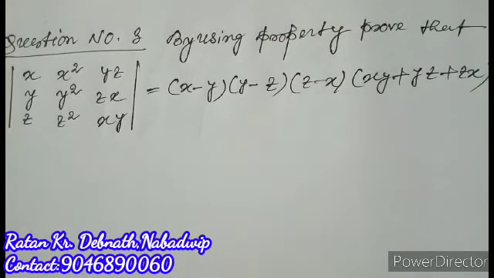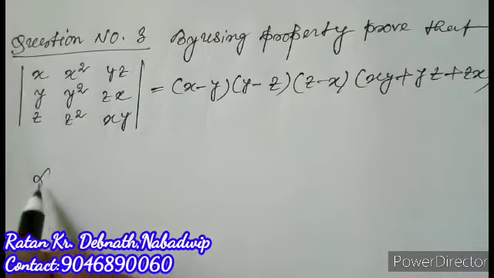First, write down the question on the copy, then see the solution. It is not that you always understand the solution by a single watching. So if you couldn't understand the solution, then see it once again, then it will be clear.